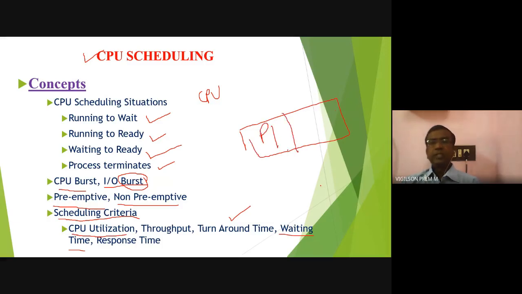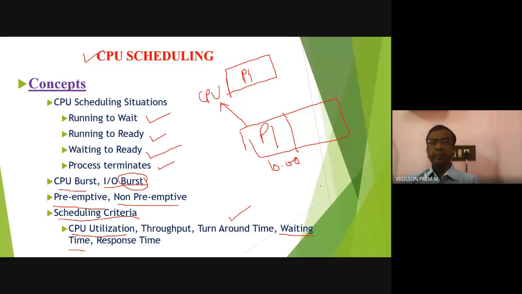Process P1 comes to the queue at 10 o'clock, and now the OS checks whether the CPU is free or not. The CPU is free, so P1 enters the CPU at 10 o'clock. What is the waiting time for P1 at present? 0, because P1 is not waiting at all.